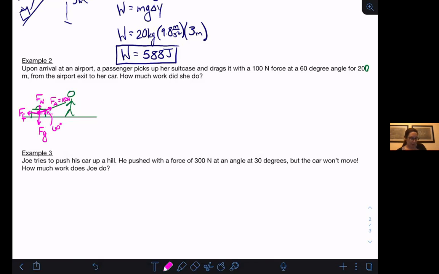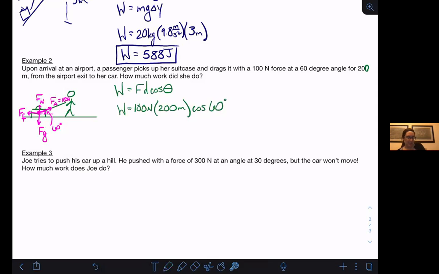But here's the deal. When I think about solving this, I have a ton of force information here. So I would like to use the second definition of work to solve this problem. The second definition of work is to take that force of 100 newtons, take that distance that she walks, that would be 200 meters, and take the angle that she's pulling at, 60 degrees.